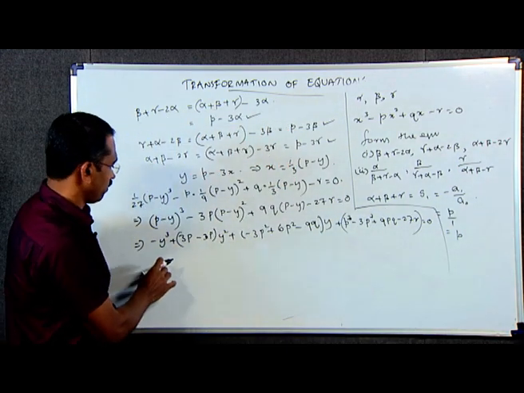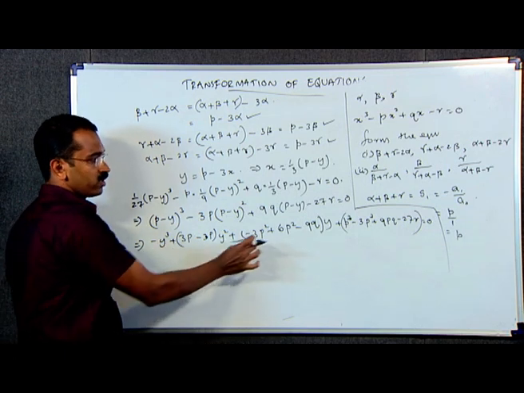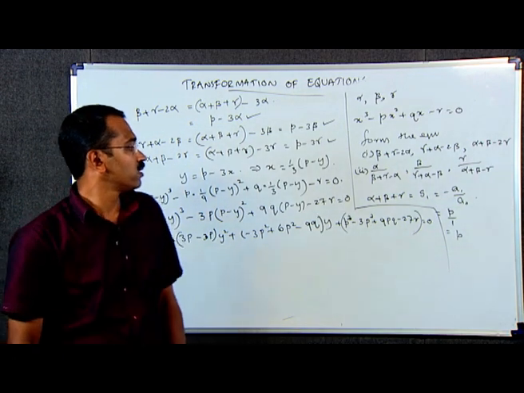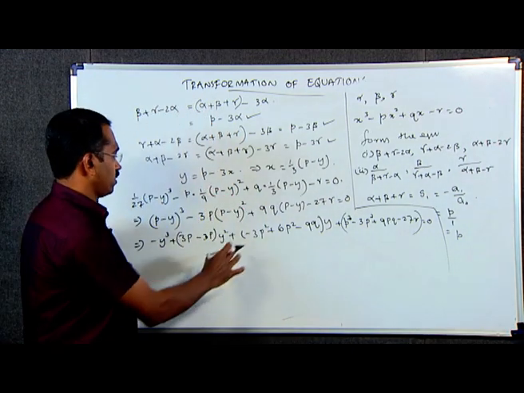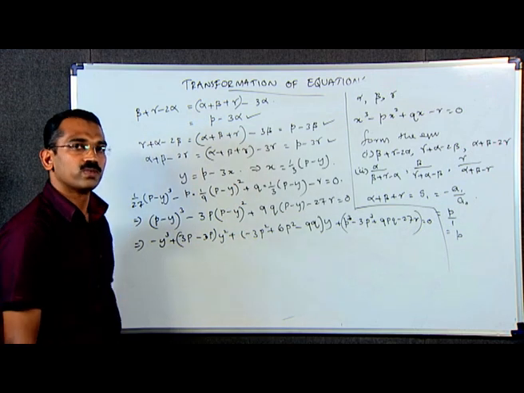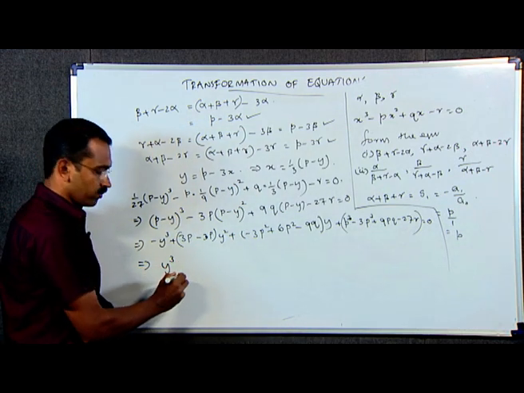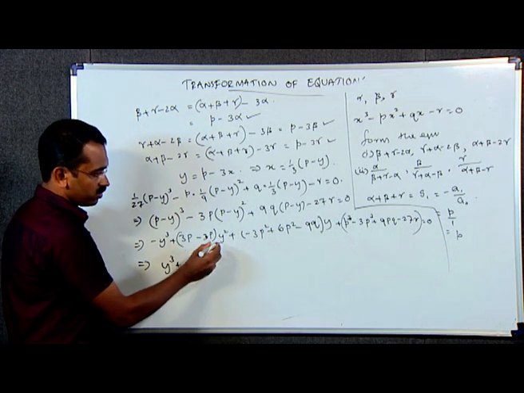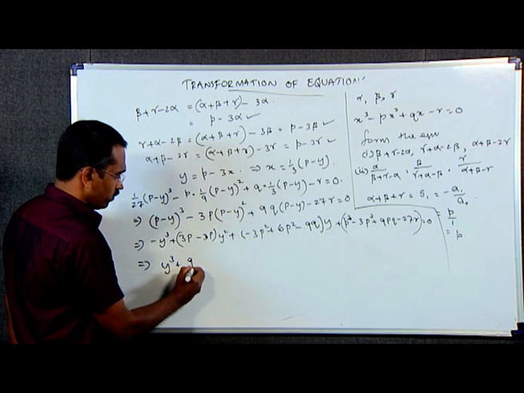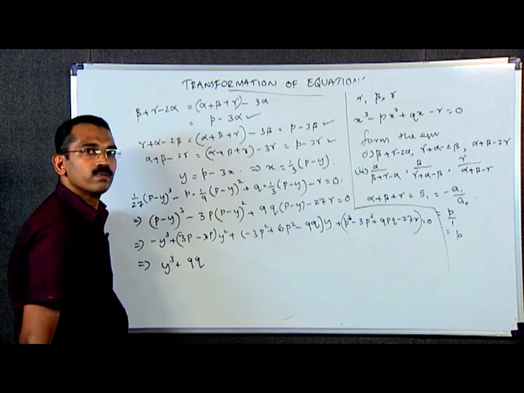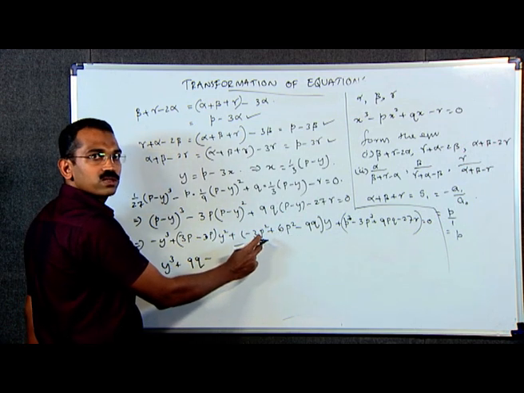Expanding and grouping the terms having y cube, y square, y and the terms independent of y, we will get this equation. From this we can write y cube plus this will become 0. From here we can write 9q minus 3p square. Here 6p square minus 3p square is 3p square.